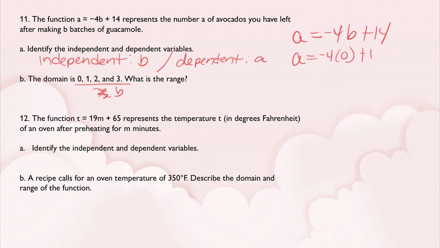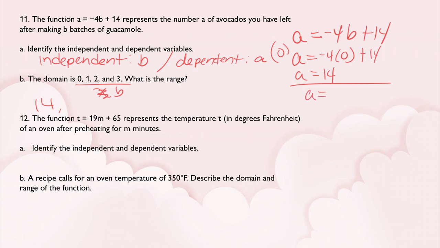0, plus 14. What is A here? What's negative 4 times 0? 0. So that means my first range is going to be 14. We're doing substitution. My second one, we already established 0. What's the next one? 1, right?